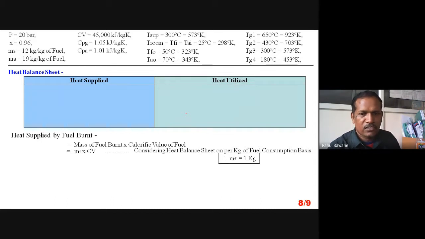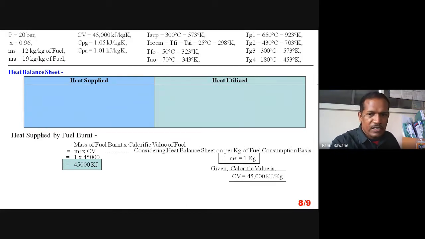So mass of fuel consumed is 1 kg. Given calorific value is 45, so total heat supplied is 45,000 kilojoule. Now here remember, we don't consider it as a mass flow rate of fuel. It is only 1 kg.